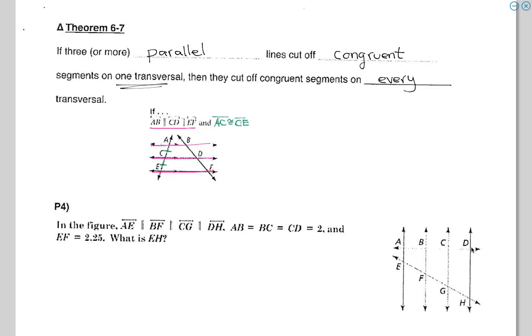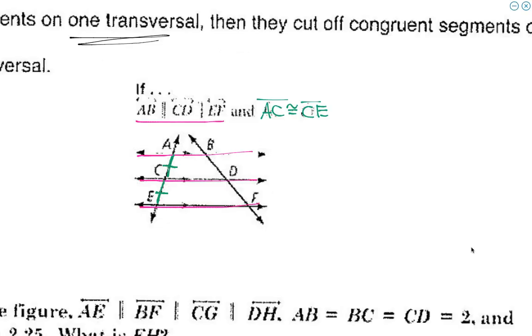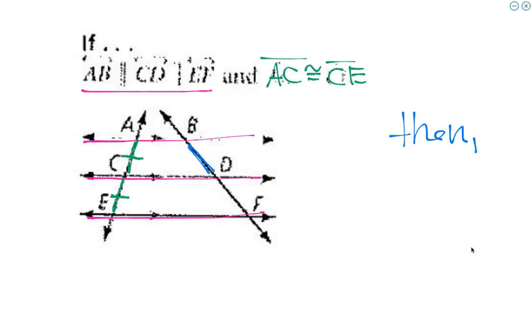So if that transversal is going to go through those three parallel lines and create congruent segments, then it's going to do the same thing with any other transversal that passes through.